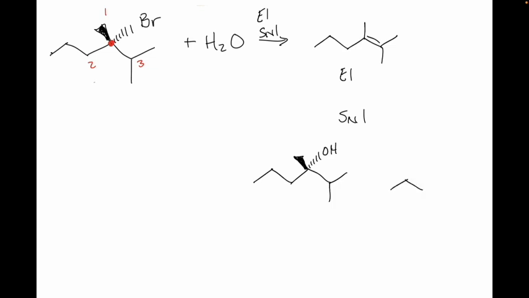And then on the other one, it's got to be on a wedge. So those are my two Sn1 products. The only difference between them is in one of them I put the OH group on a dash, and the other one I put the OH group on a wedge.